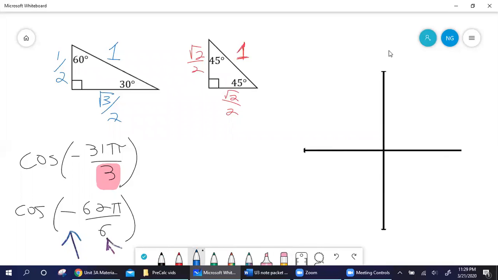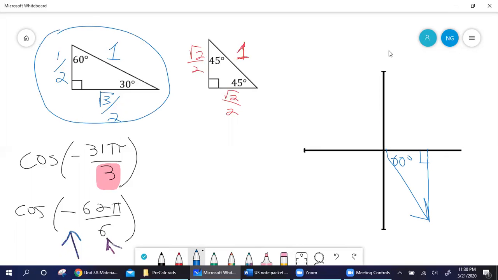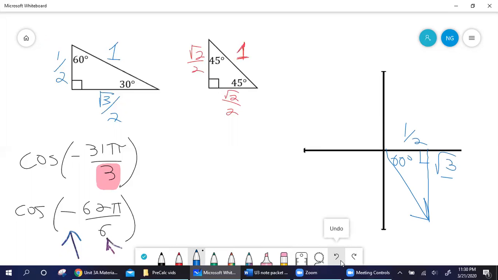But all I really care about is where it landed. It landed 2 ticks away from the x-axis, so that means it's a 60-degree reference. It's the exact same triangle, it's just been kind of flipped around and rotated, where the short leg is still a half, the long leg is √3 over 2.